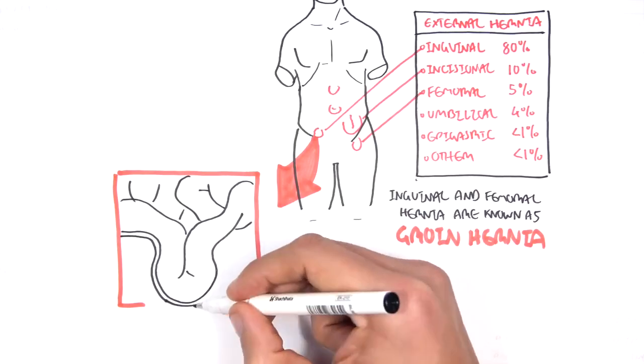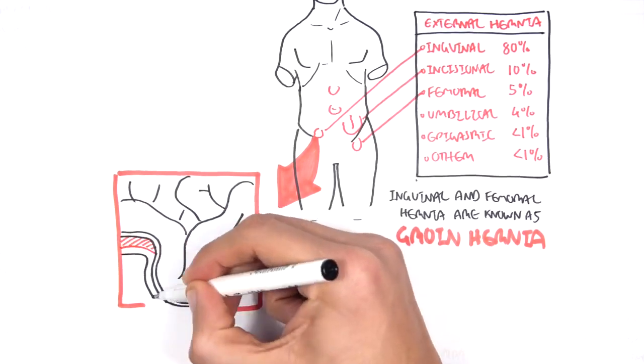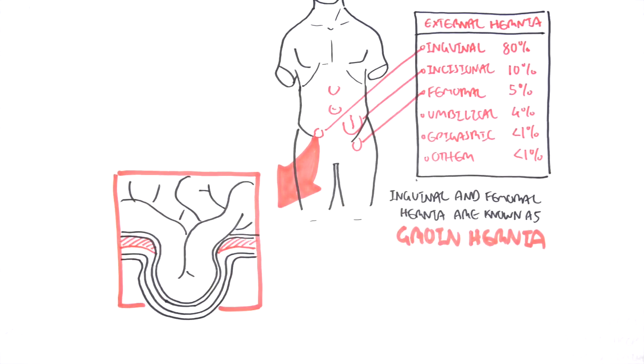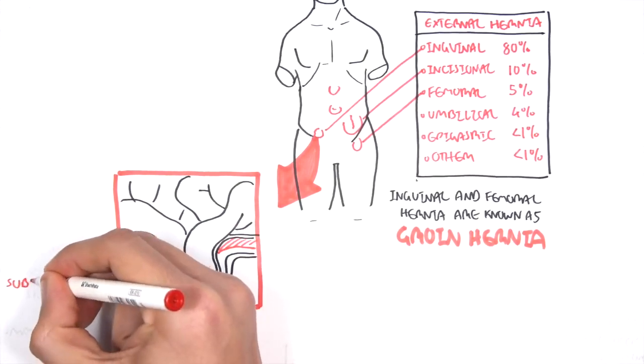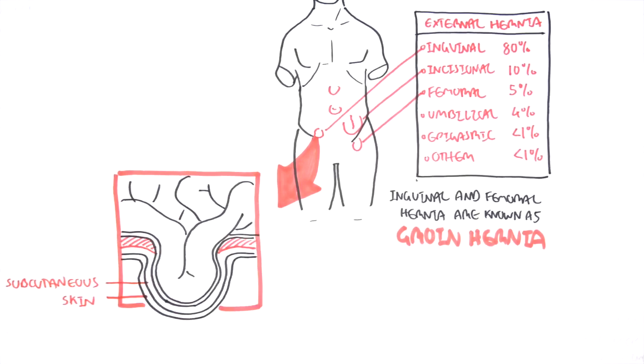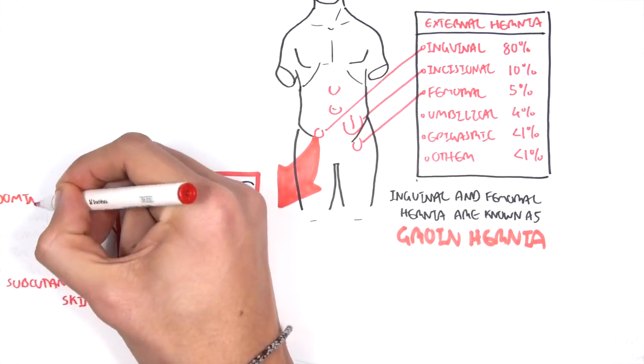What we actually see in an inguinal hernia is the intestine, which is the organ, bulging out of the wall that normally contains it, which is the abdominal wall in this case. The abdominal wall is comprised of, from the outside, the skin, the subcutaneous tissue, and then the abdominal muscles.